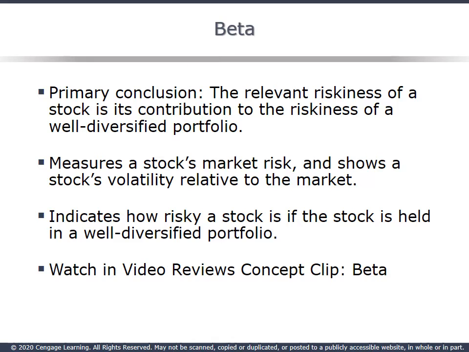Beta measures a stock's market risk, and we know that market risk is that risk that cannot be diversified away. Beta shows a stock's relative volatility in comparison to the overall stock market. So it indicates how risky a stock is if the stock is held in a well-diversified portfolio. In our video reviews, there's a concept clip about beta, and I'd like you to watch that.